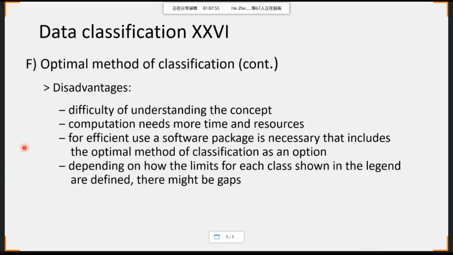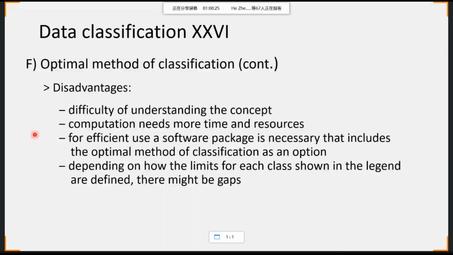Disadvantages. So there are still disadvantages, although it is the optimal method. It's a bit difficult to understand the concept. So also for you, but this is in part due to the use of a foreign language, but it's a bit difficult to understand what's going on here in this method. Computation needs more time and resources. So usually you need a computer, which is not a big deal nowadays, but still it's more complicated.